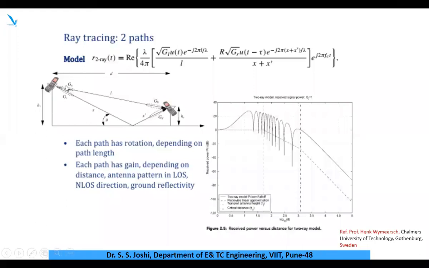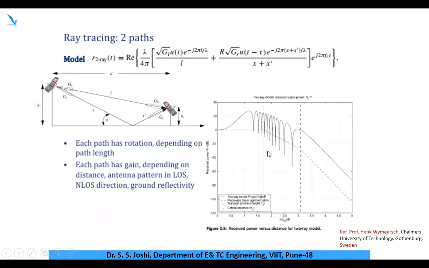Depending upon the signal which is reaching here, it may fluctuate, and it depends on the delay. So within a specific distance, if you plot it against distance, you will find some problem in receiving that particular signal. So you can find a relation.